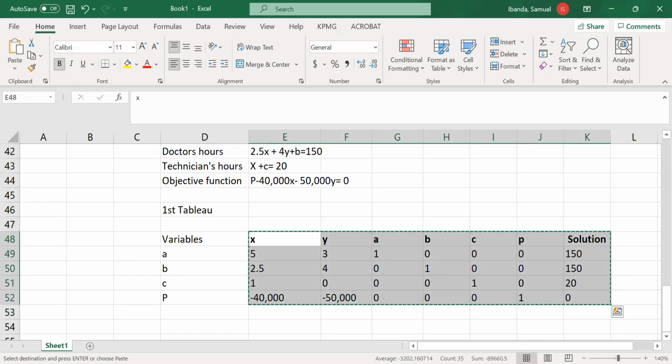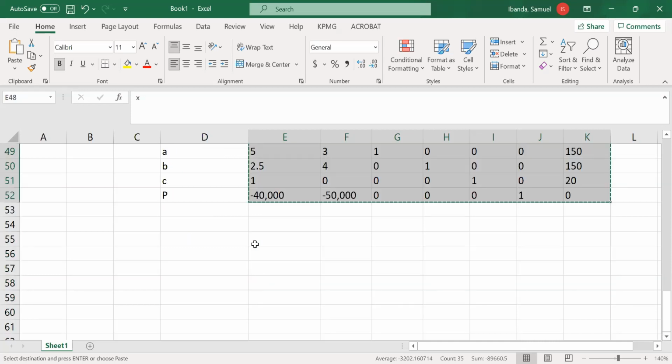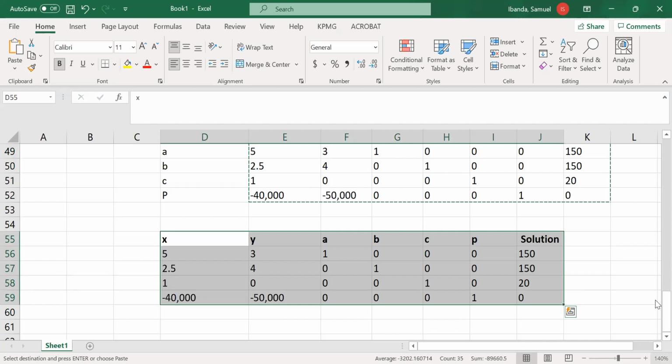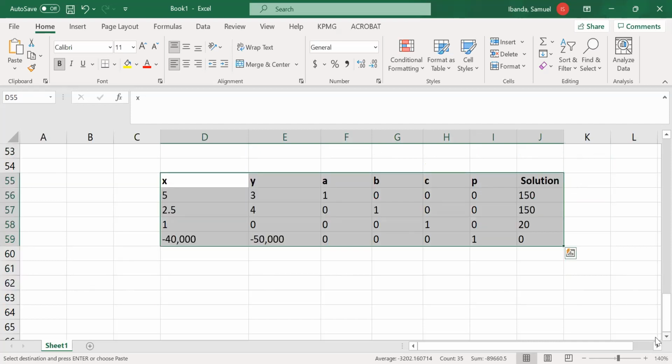I'll just pick this and bring it down here. So you can see that it's more like a matrix, okay? This is more of a matrix.